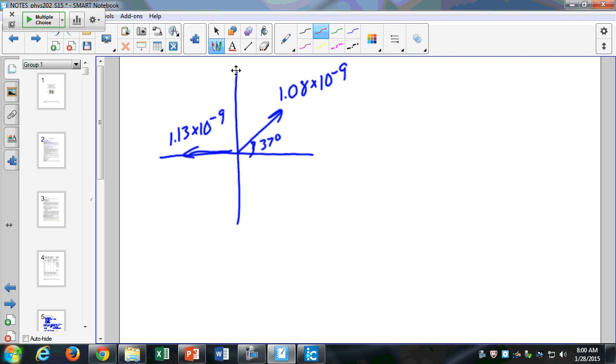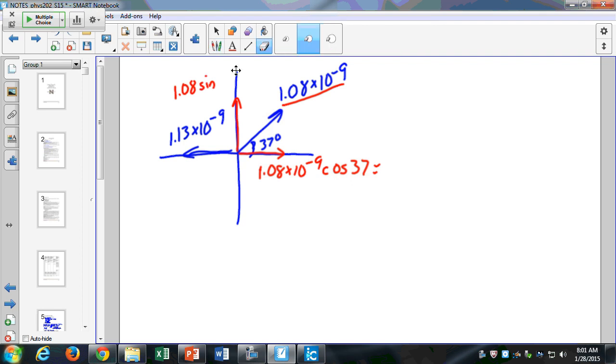I want to find the x component here. That's going to be this value times cosine of 37. And then I also want to find the y component, which is 1.08 times 10 to the minus 9 sine of 37.